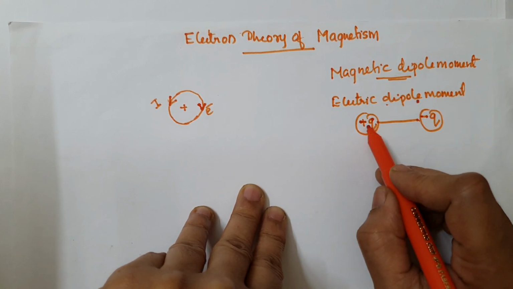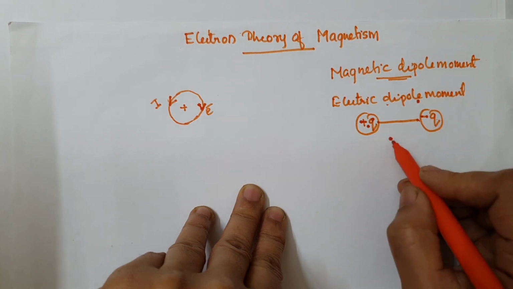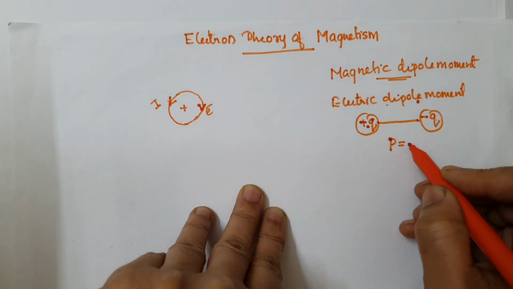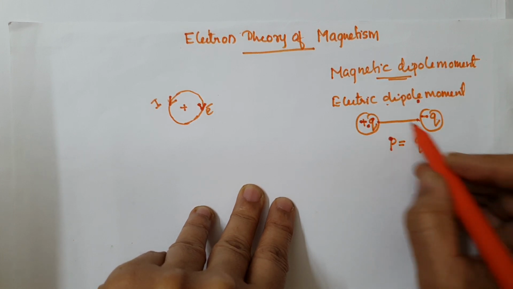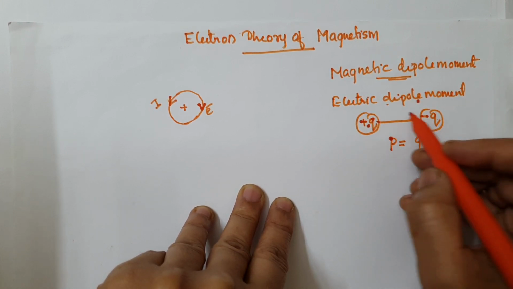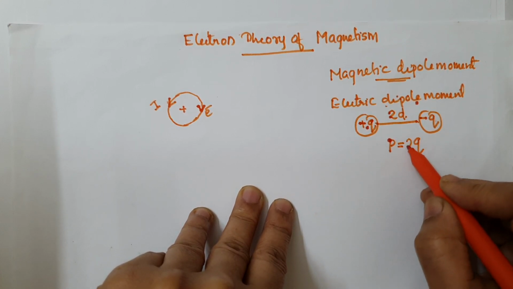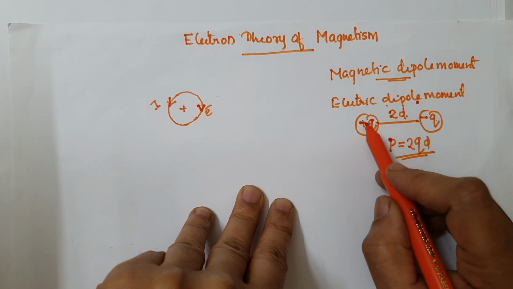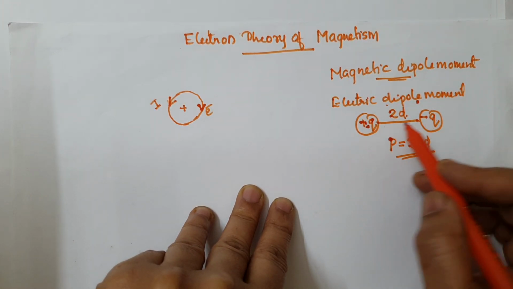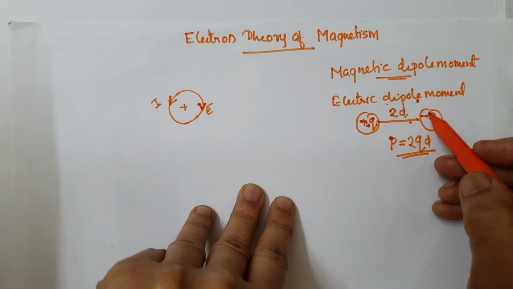The electric dipole moment P is equal to the product of the charge q and the distance between the charges. That is, if 2d is the distance, then the electric dipole moment is 2qd. Two opposite charges separated by a distance form an electric dipole.